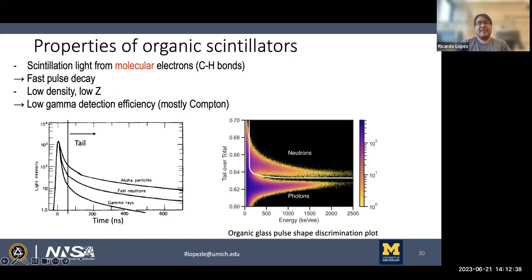As for ENDF, off the top of my head I don't recall the abbreviation, but essentially it's a nuclear database that has the cross-section information for basically all of the isotopes that have been fairly well characterized over the past couple decades. It's continuously updated.